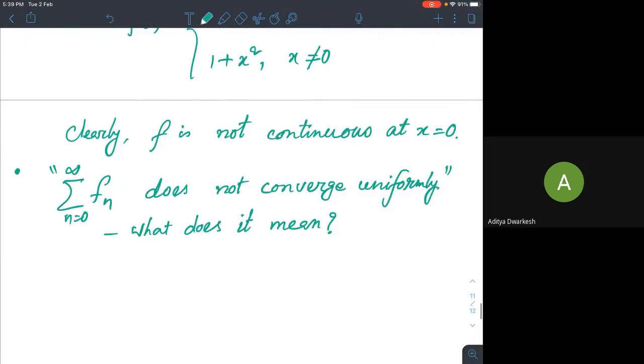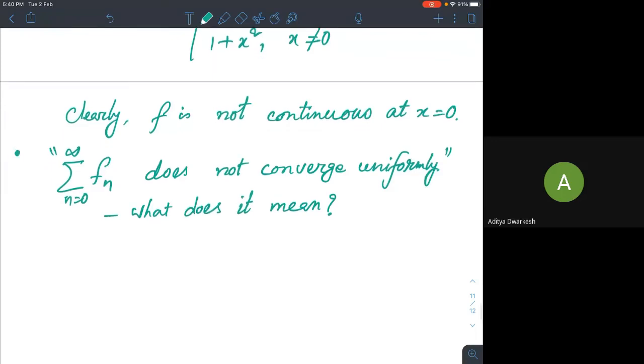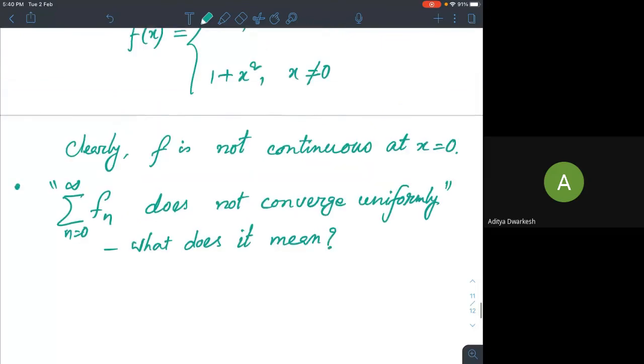What does it mean? It means that the sequence of partial sums does not converge uniformly, which is to say that there is no one natural number such that... No, there is no one natural number. This may be okay to think, but it is not a mathematical term.